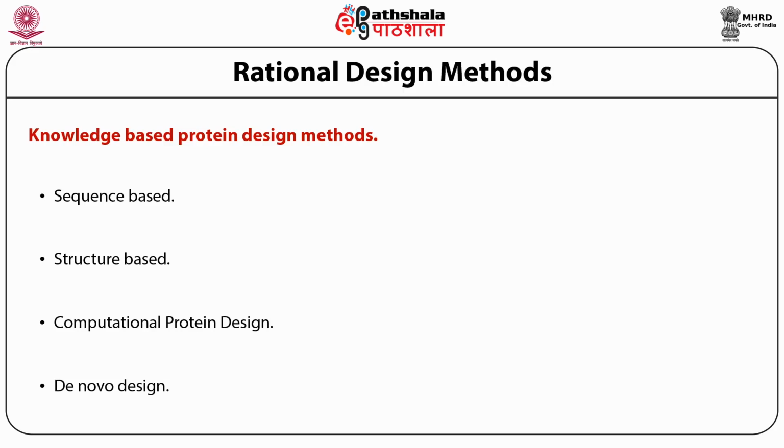Computational protein design is algorithm based, so we use different computational protein design programs, and according to the computational output we synthesize those genes and test them for validation. De novo design is a completely new approach, and it is also very closely related to computational protein design. In this method we also use different computational calculations. I will explain in detail in the next slides.